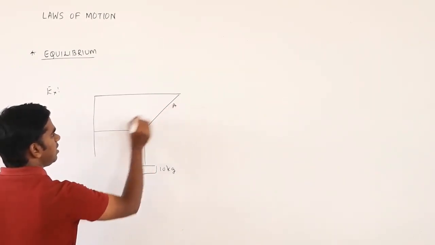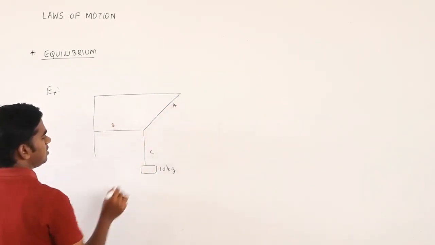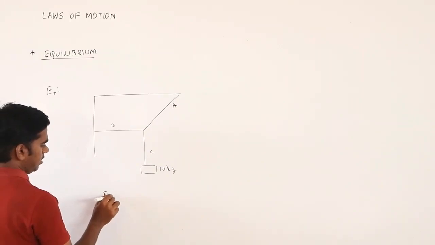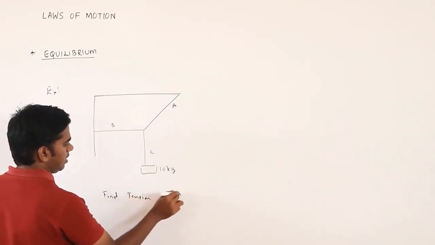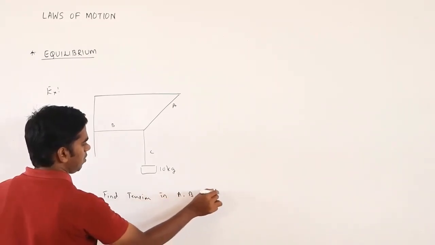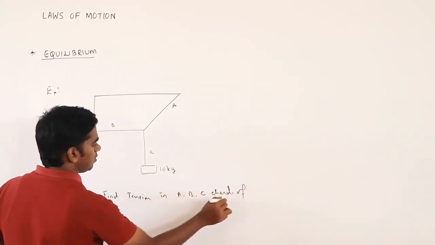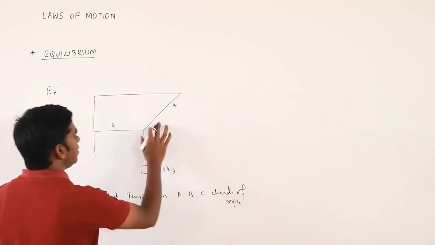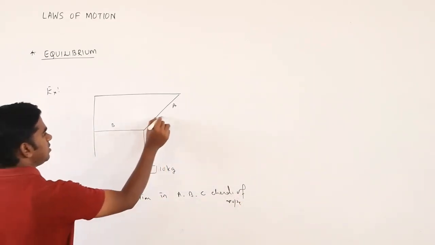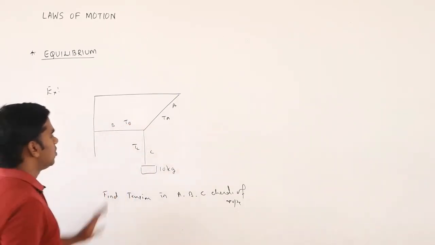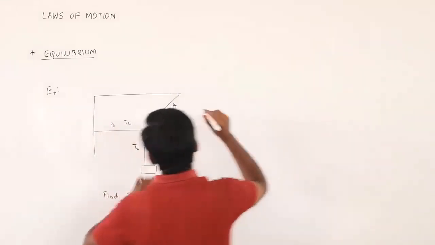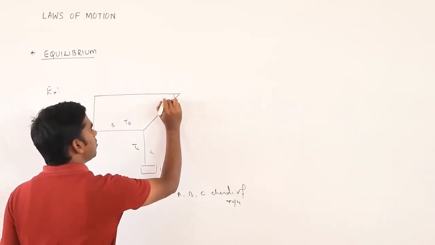Say this is A, this is B, and this is C. Find the tension in A, B, and C cords of the rope. So the tensions are TA, TB, and TC. Let me draw this one here. They also give the angle, this is 45 degrees.